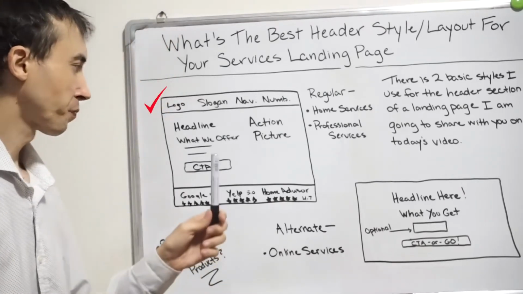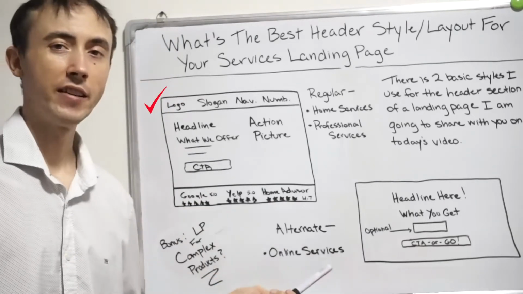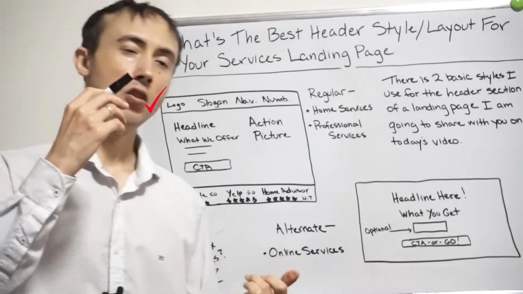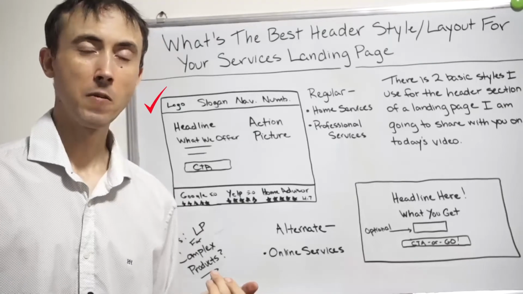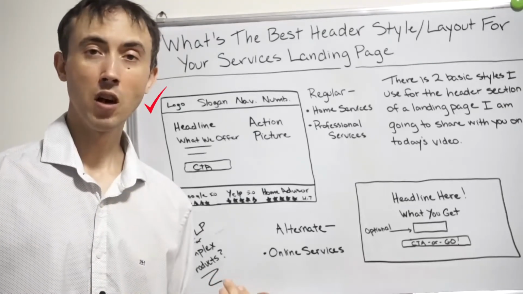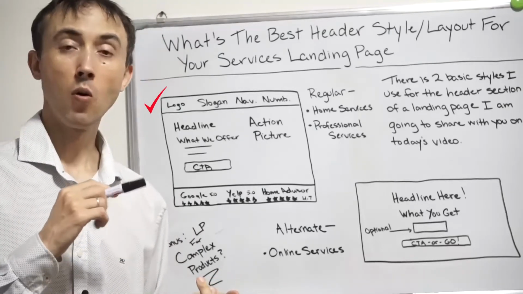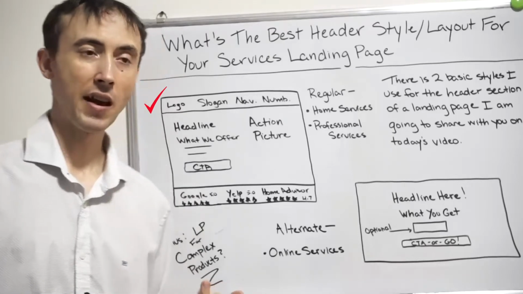Okay, so moving forward, if you have an online service, like I mentioned, you could have an insurance product that you're offering, or you're doing loans, or you're doing a shipping service, okay?